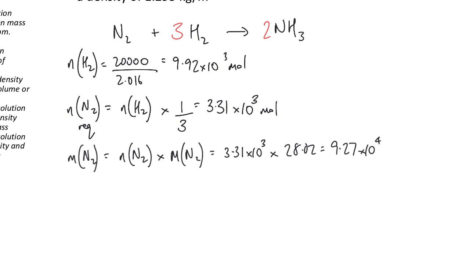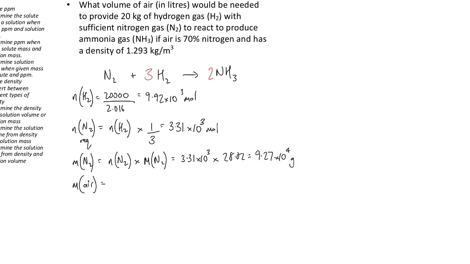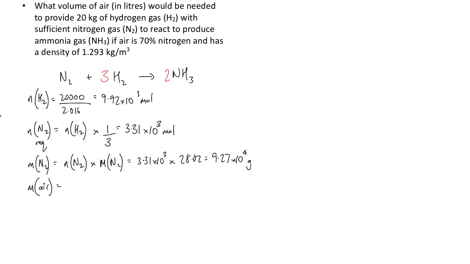What's the unit there? Grams. Then I can work out the mass of the air. In the original question, the air is 70% nitrogen. So the total air will be the mass of your nitrogen gas times 100 over 70.